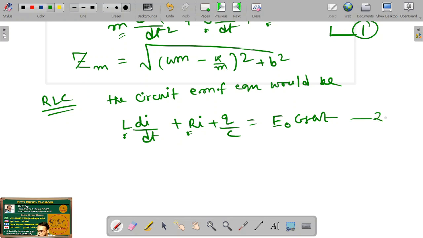We take it as equation 2. So we compare equation 1 and equation 2 and find the analogy between different quantities.